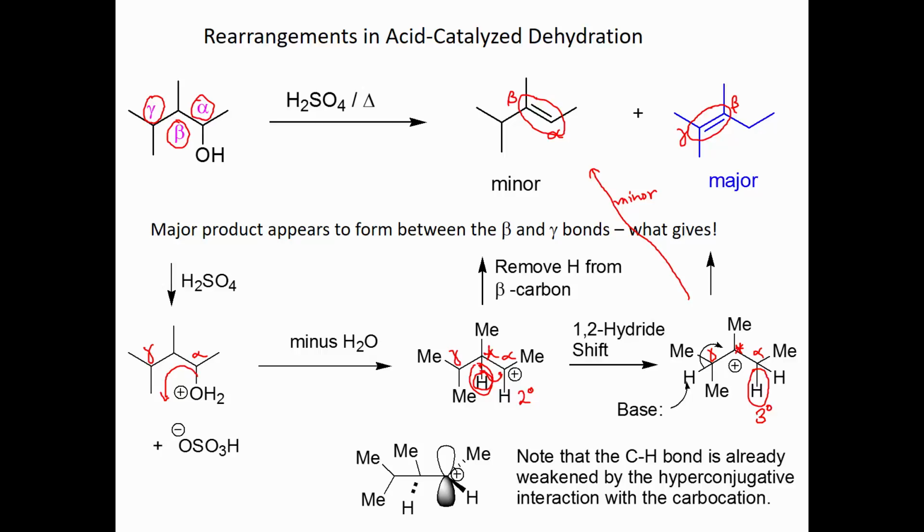Why does this rearrangement occur? Well, it has to do with how carbocations are stabilized. Recall in the discussion of carbocation structure that carbocations are stabilized by an interaction with the electrons in the adjacent CH bond.